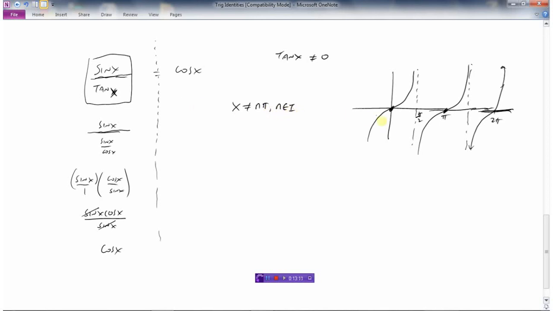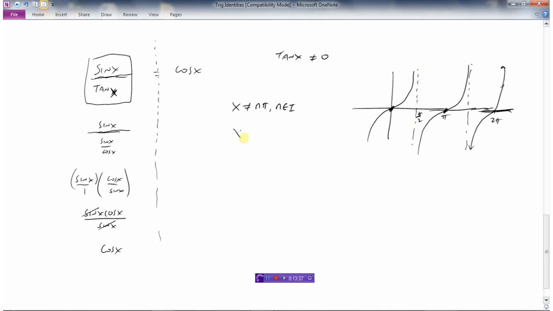0 is not going to work, because if I put 0 in for x, the tangent of 0 is 0, and this divided by 0 is not going to work. So x can't be these values. But then tan x itself is not defined at pi over 2. So if I put pi over 2 in for x, the tangent of pi over 2 doesn't exist, because there's an asymptote there.